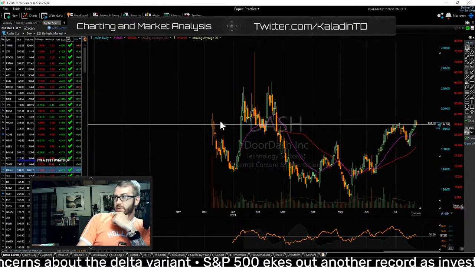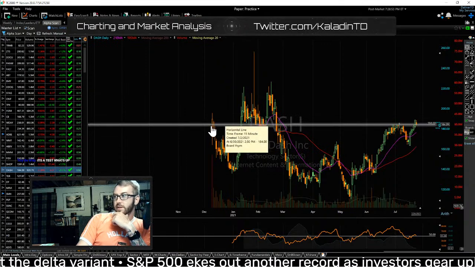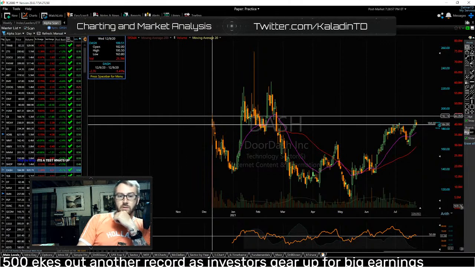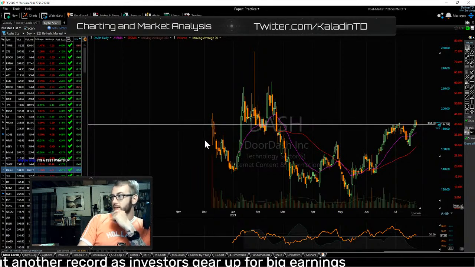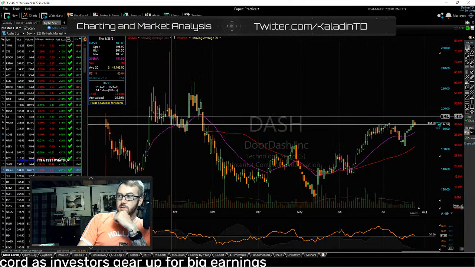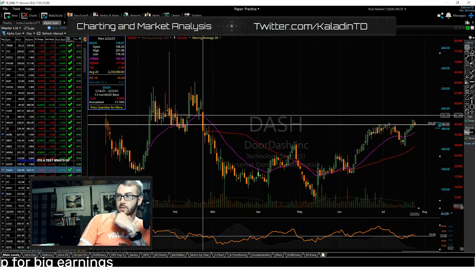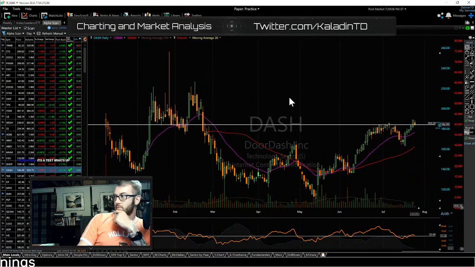But this level right here was basically the IPO open. Well, I guess the price at open. It wasn't the IPO price, and it was kind of a sloppy support a little bit here for, let's see, almost a month and a half.